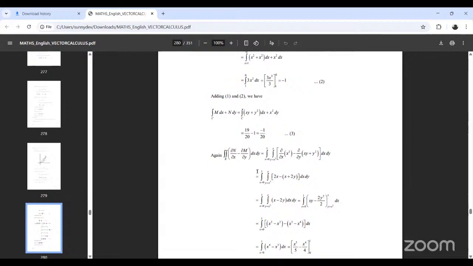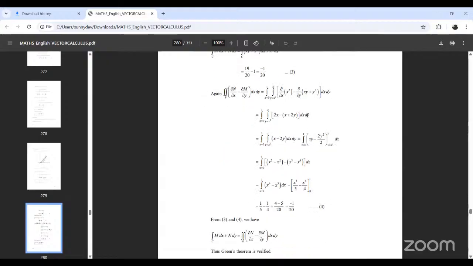So dou by dou x of x square, and dou by dou x of xy plus y square. Dou by dou x of x square becomes 2x, and the other becomes x plus 2y, dx dy. After simplification we get x minus 2y into dx dy.